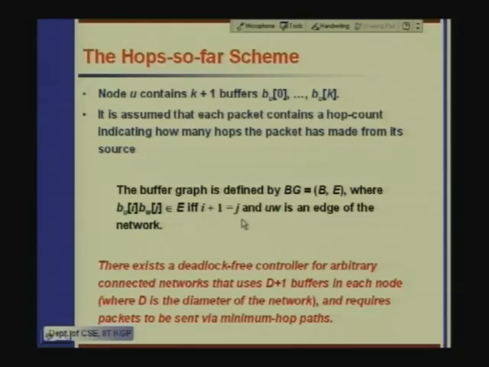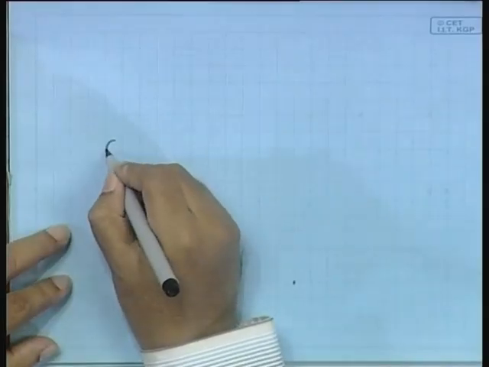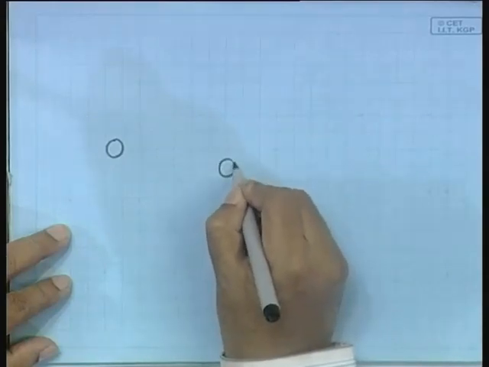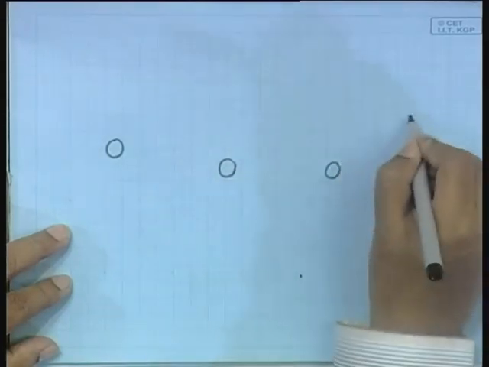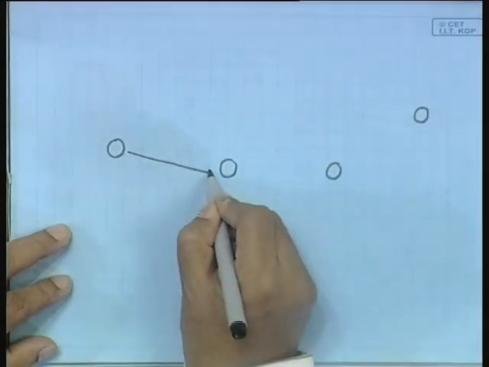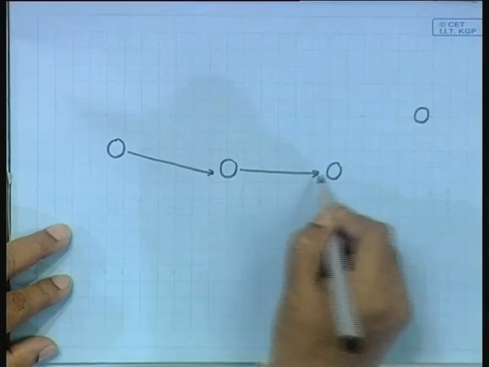What does that mean? That means that every time the packet makes a hop, it rises one plane. Let me show you an example. Suppose we have these 4 nodes, and let us say that a packet has to be routed like this.